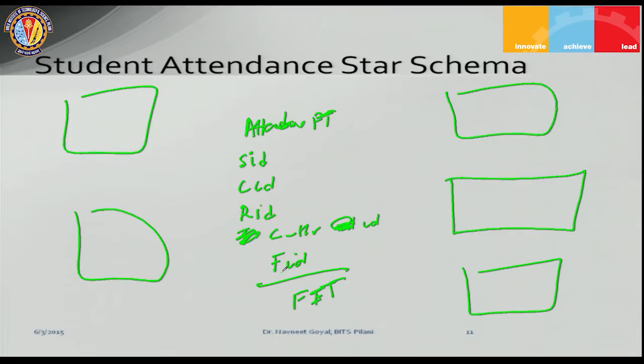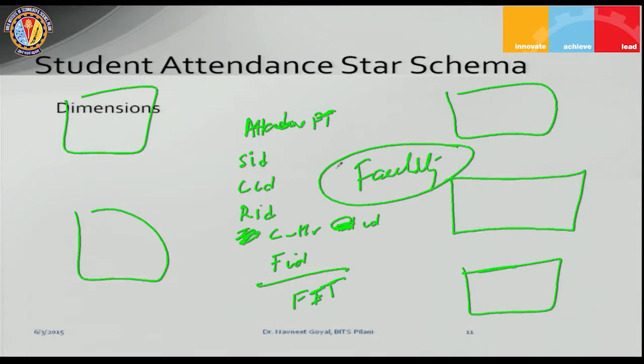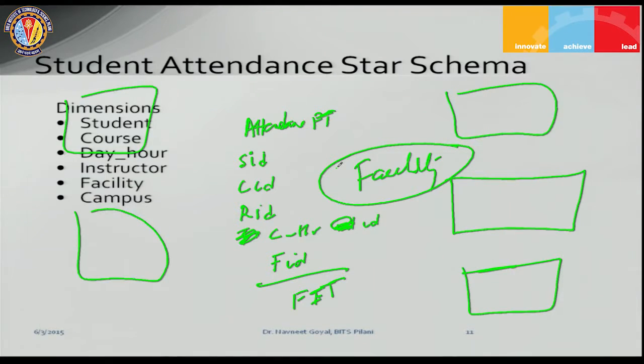And instead of rooms, we call it the facility. So when I say facility, it also incorporates all kinds of rooms where students come for either labs or classes. So this is the typical attendance star schema. The dimensions that apply are day, hour, instructor, and facility, right? And of course campus also you can add, because if you want to do some analysis with respect to campuses, then you need this.